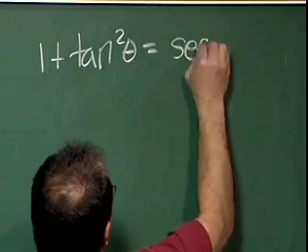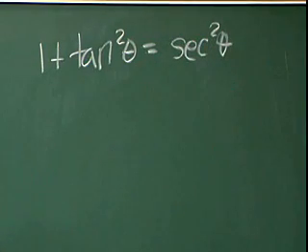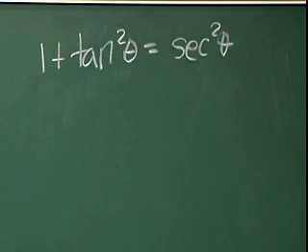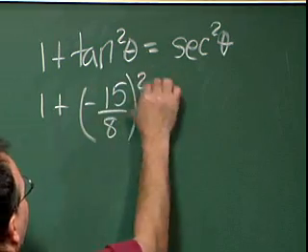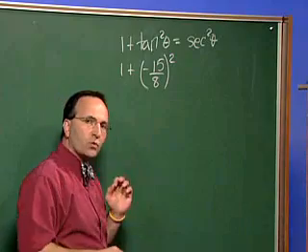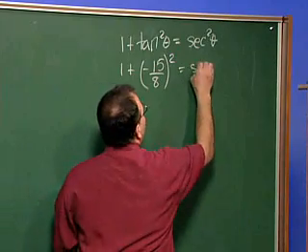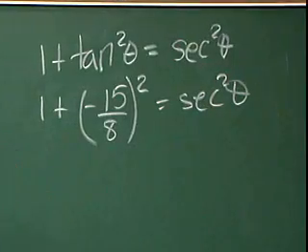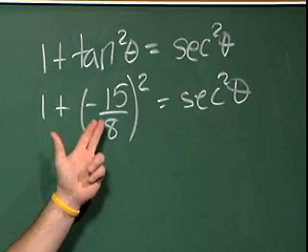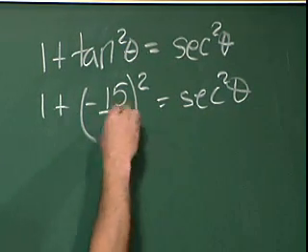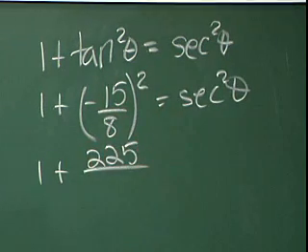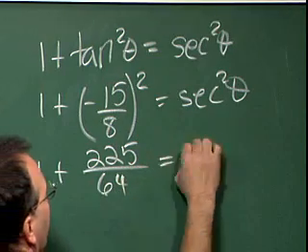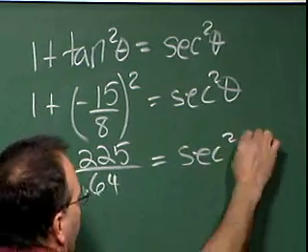is equal to secant squared theta. And we know that tangent theta is -15/8. So we have 1 plus (-15/8) squared is equal to secant squared of theta. -15 squared, of course, is going to become positive, so we have 1 plus 225 over 64 equals secant squared theta.